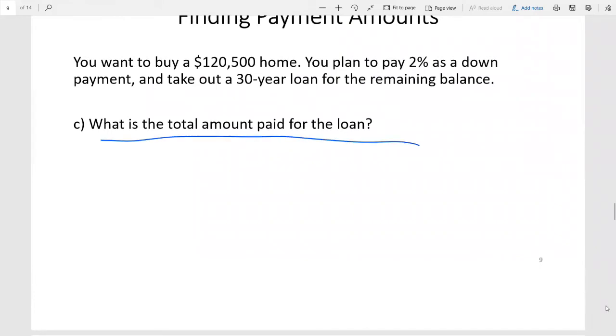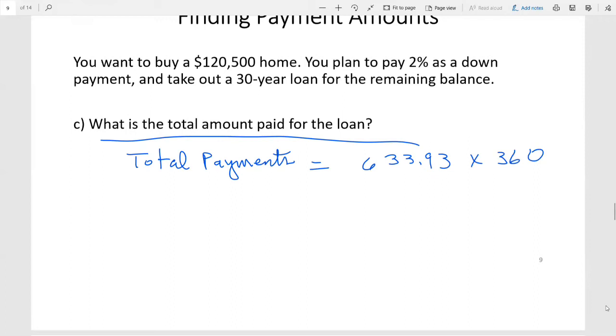The total amount paid for the loan is the total payments, which is $633.93 times 360 payments, which is equal to $228,214.80.